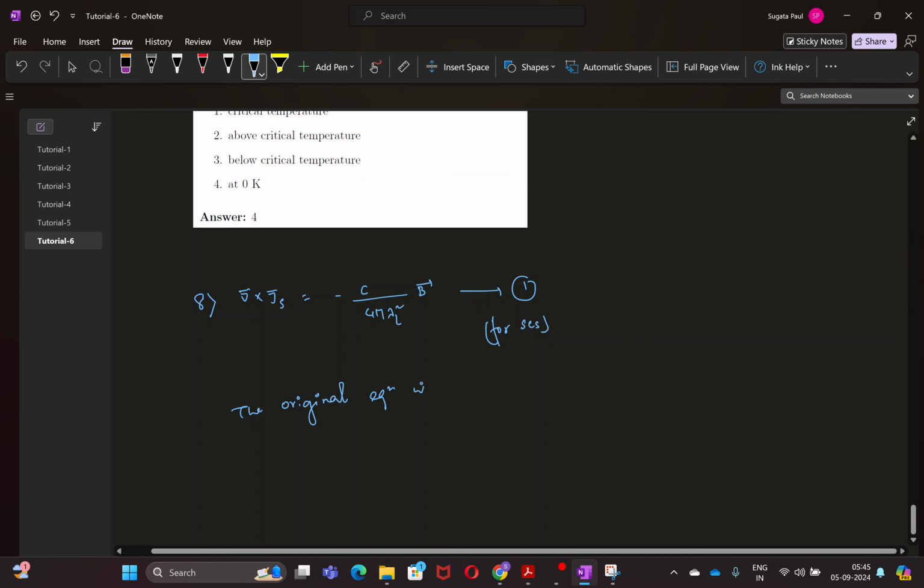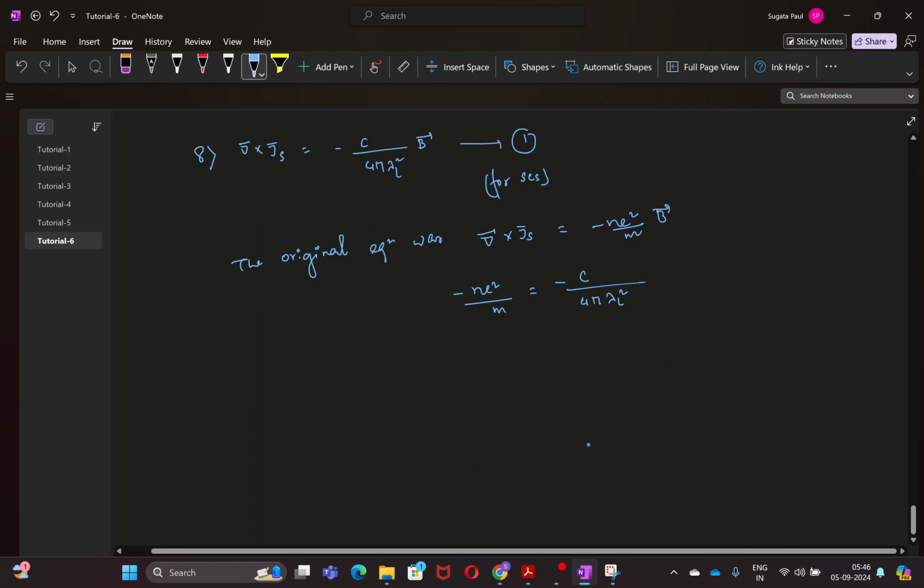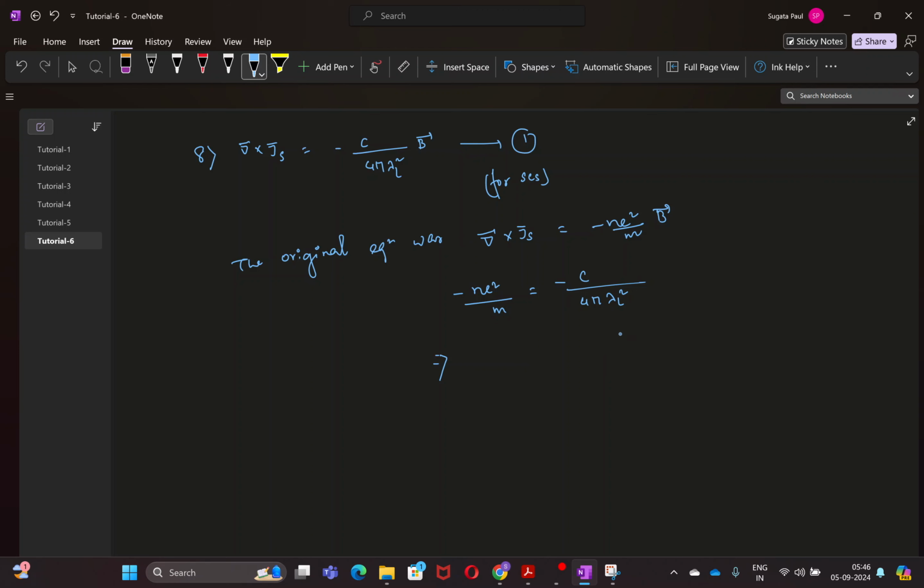The original equation was minus n square by m B vector, and basically we are replacing minus n square by m with minus c by 4 pi lambda L squared. So basically the relation here is that this whole thing is represented in terms of this constant.